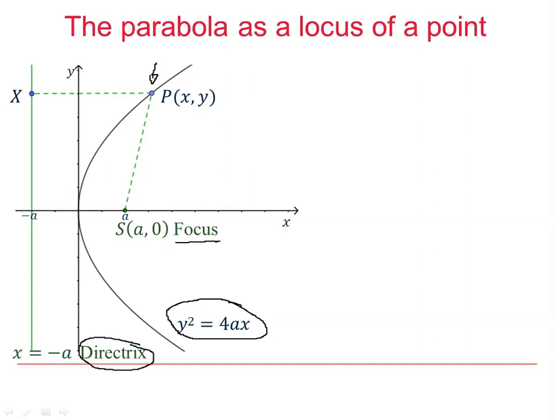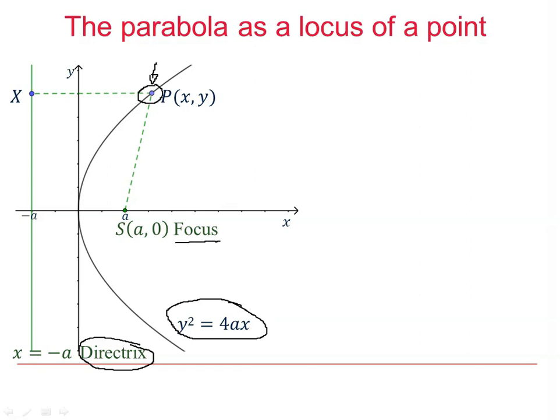The focus is a point, the directrix a line, and the distance of the point moving on the parabola, P, is equidistant from both the focus and the line.